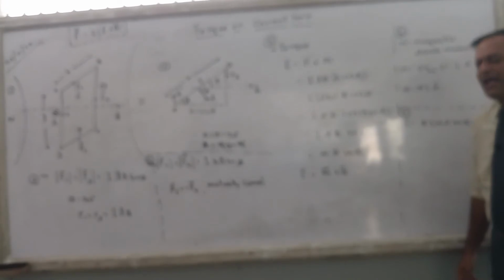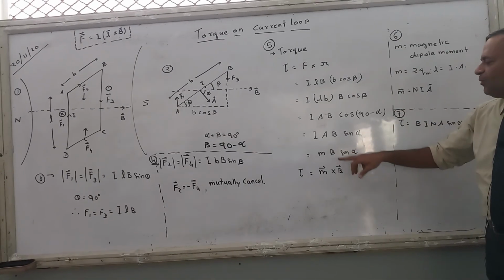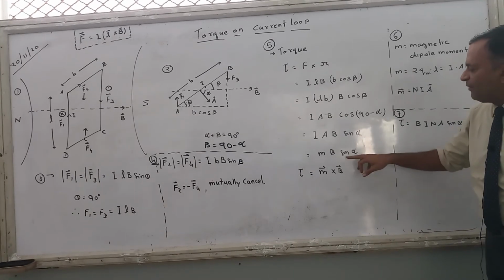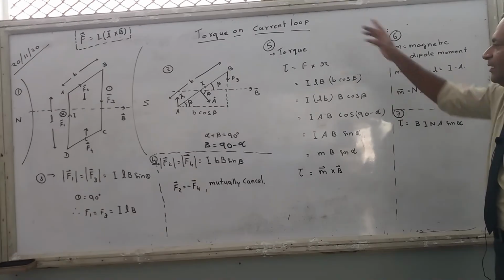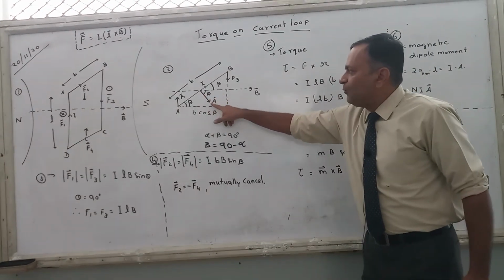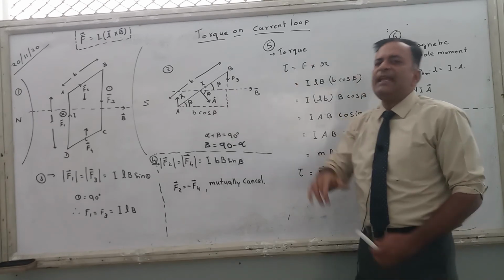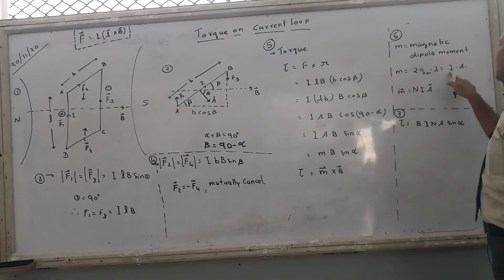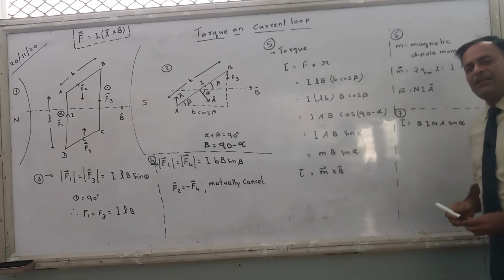MB sin alpha. What is M? Magnetic dipole moment. What is B? Magnetic field. And what is alpha? It is the angle between magnetic dipole moment and magnetic field. यहाँ पे area vector और magnetic dipole moment का एक ही direction होता है. You can see M is I into A. So if A is a vector, then and only then M will be a vector.